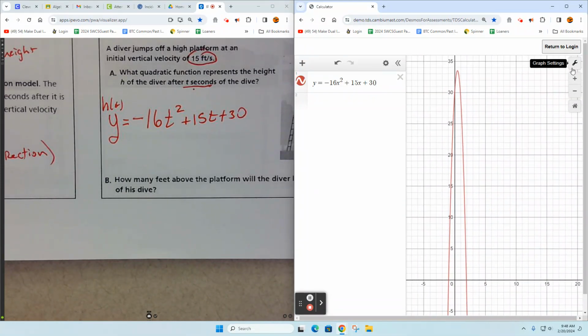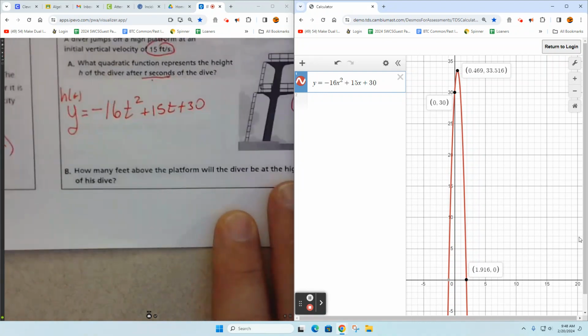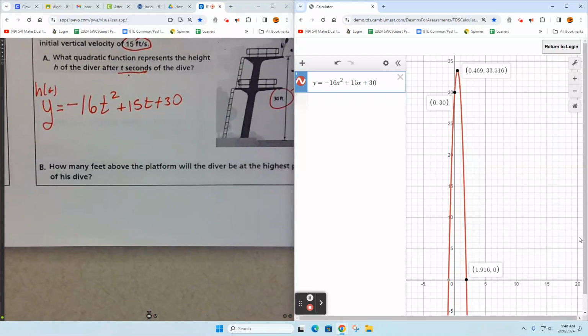So questions you could be asked would be like that one we already knew, this one, and this. The question said, how many feet above the platform will the diver be? Sometimes people want to answer this as 33.516, but that's wrong.